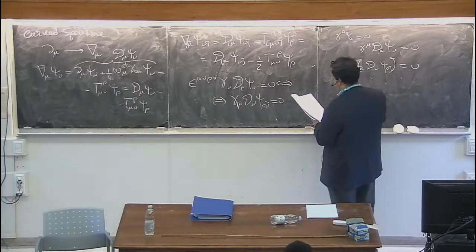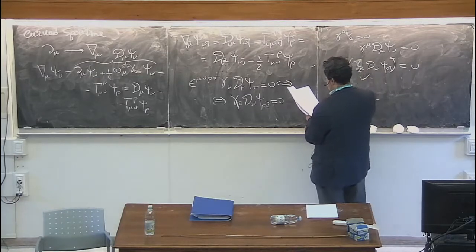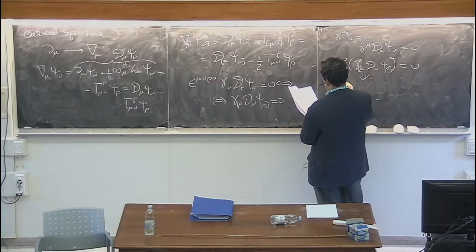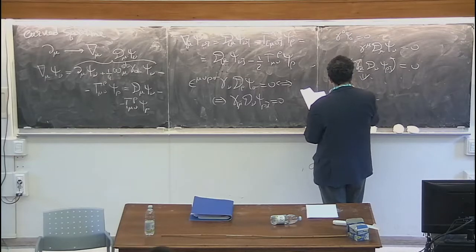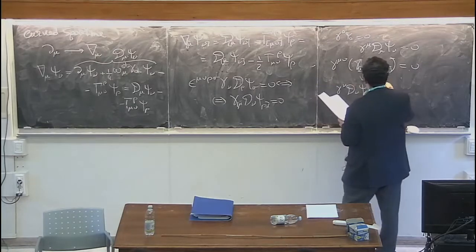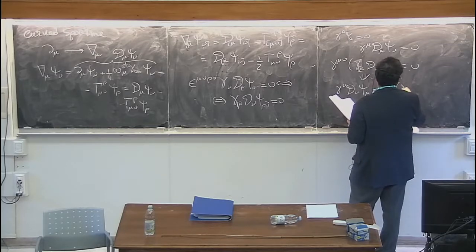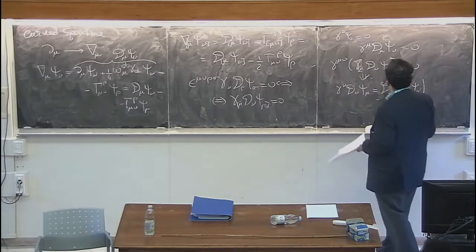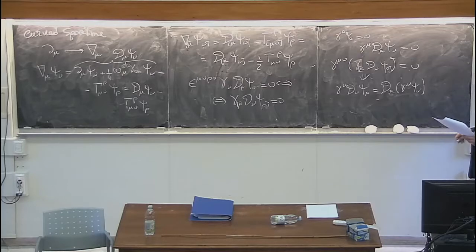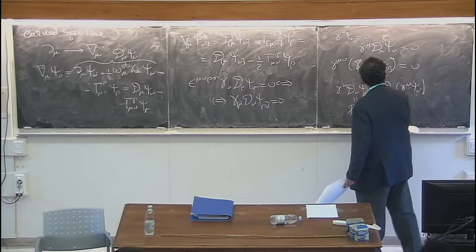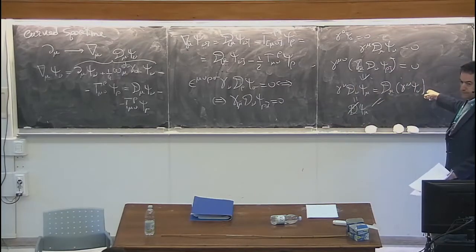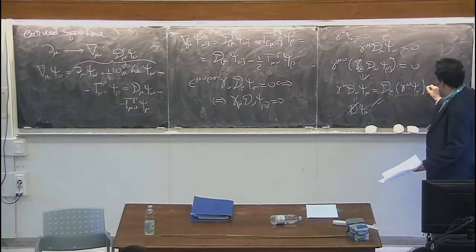And what you end up with is the following: gamma nu d nu psi mu equals d mu gamma nu psi nu. But this is d slash psi mu, and if this is true, then this is 0.